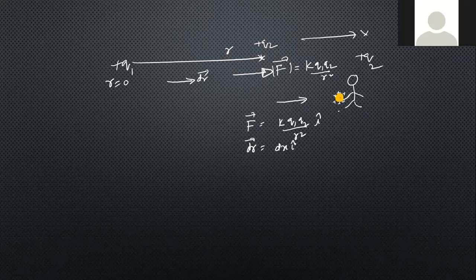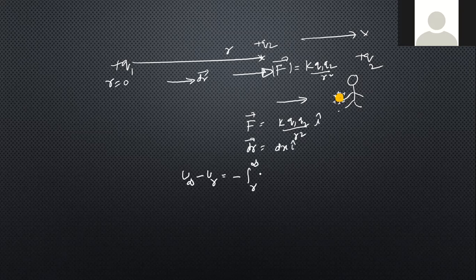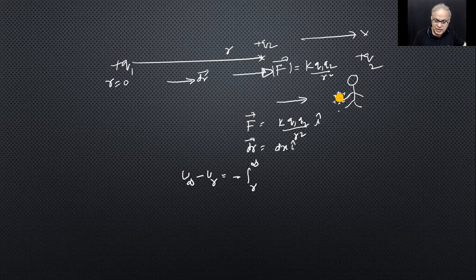Yes, sir. So now go for my definition. U at infinity minus U at R is equal to minus integral from R to infinity of F conservative dot dr. Actually, in the definition I told work done by the external force, but I am using this F dot dr by the conservative force. Or if you want to remove this minus sign, you can.